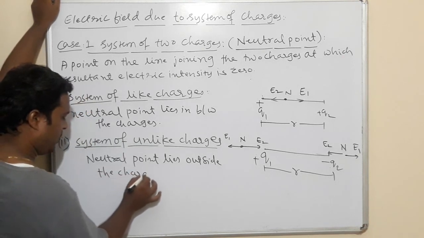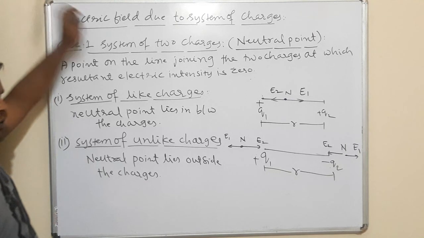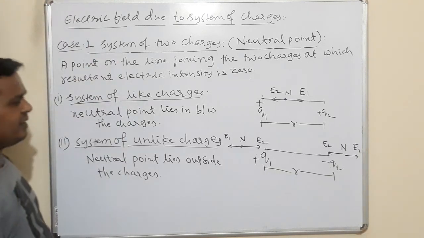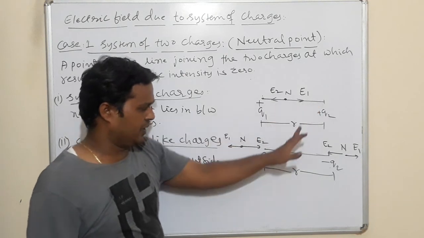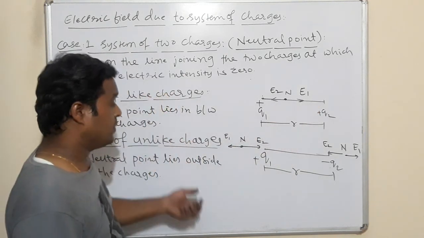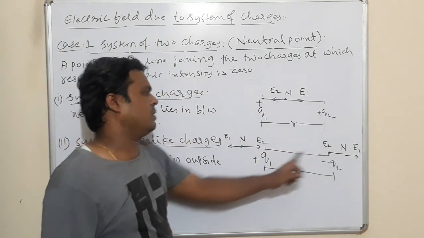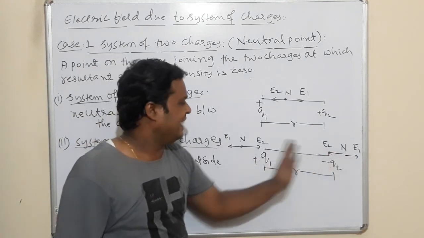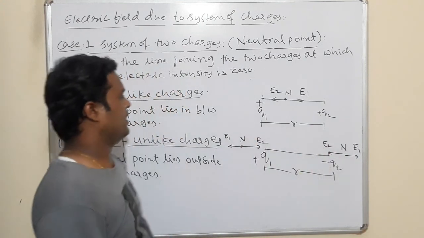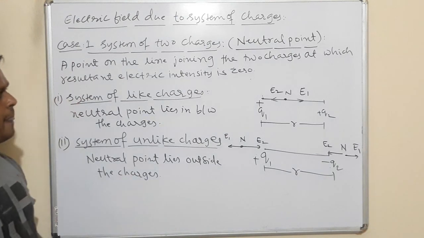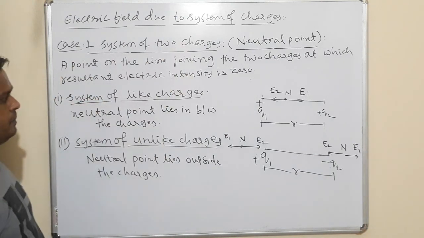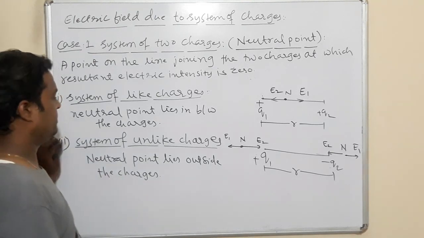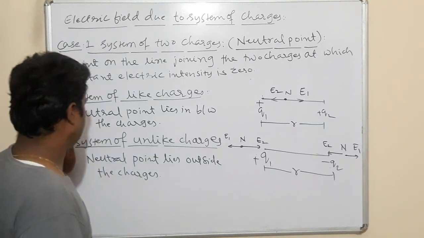Totally, neutral point will be lying on the line joining the two charges in both the cases. Here no doubt you can select the points anywhere in between the charges. Here the doubt comes whether neutral point is possible here also. Exactly where it should be, that we'll discuss. Okay, make a note, and it is very important in case of system of two charges.